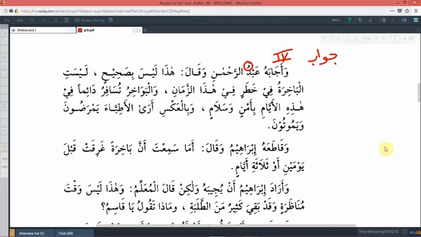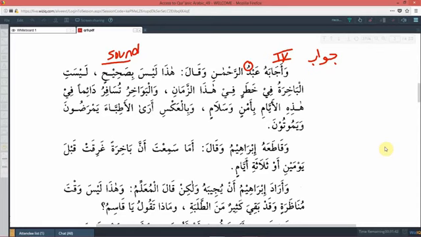And Abdurrahman answered him, وقال, and he said, هذا ليس بصحيح. This is not correct. This is not true. This is not a sound argument. This is not a sound statement. Meaning it has some defect in it, as we just said.